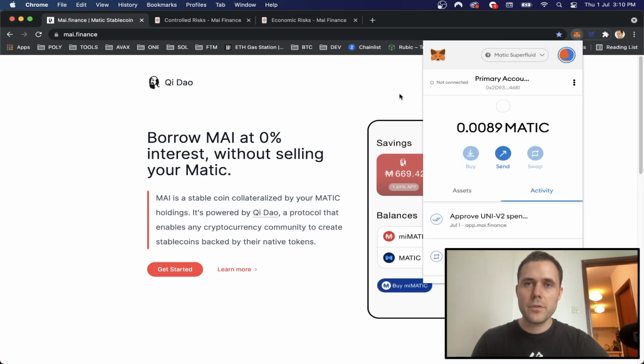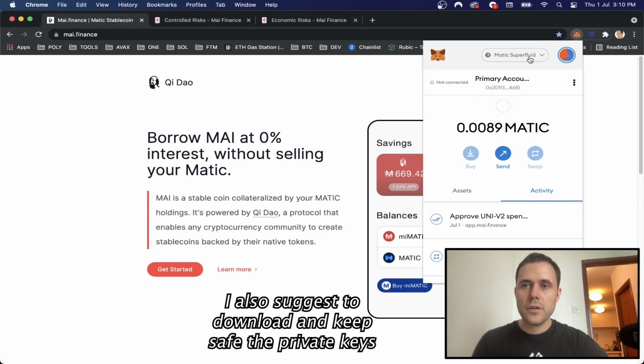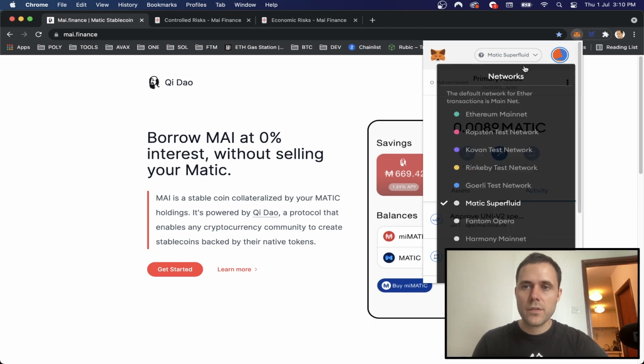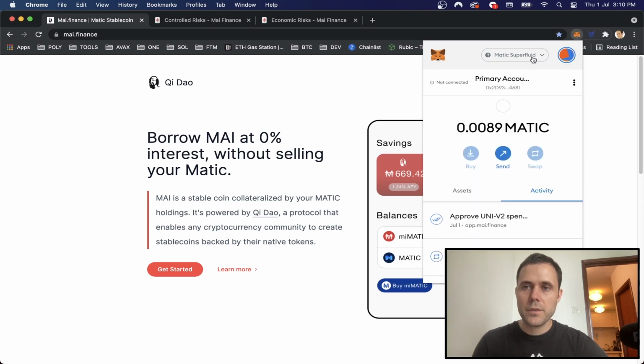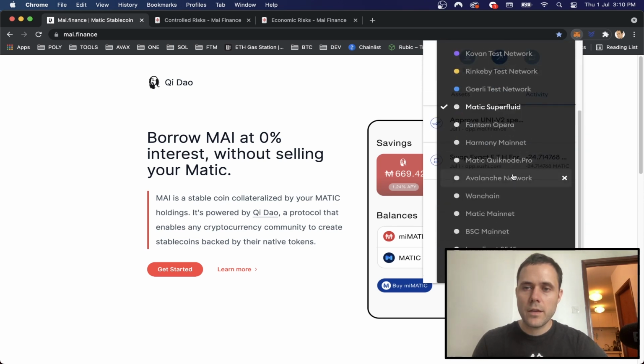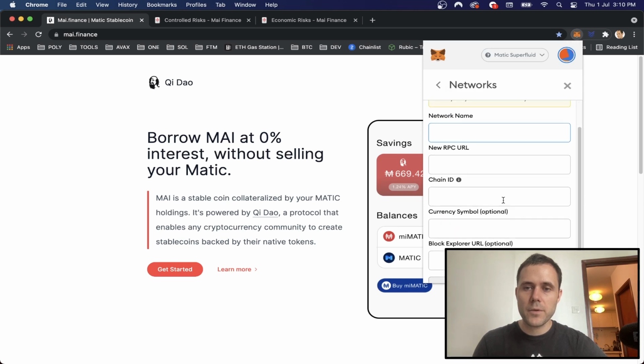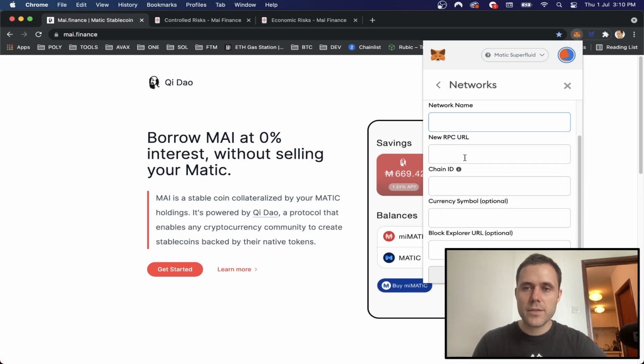You need to make sure you write down a 12-word passphrase, and then you also need to add the Matic RPC. In this case, I'm using one called Matic Superfluid. There's a whole bunch. We will talk about that later in the video. So what you want to do is click up here. It won't have it by default. Come down to Custom RPC, and it will give you a list of details.